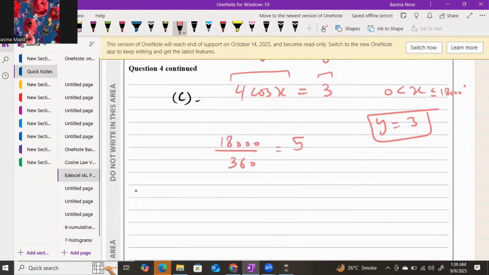So we will get 50 cosine curves, and at each curve the line is cutting 2 times. So 50 times 2 will get you 100. So for part C there are going to be 100 solutions.